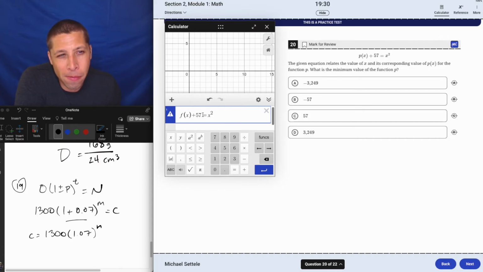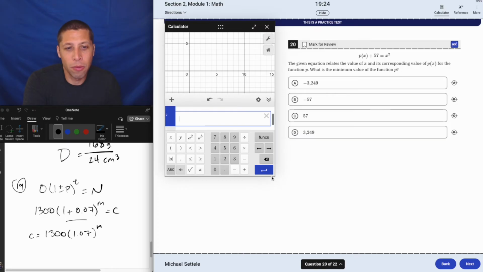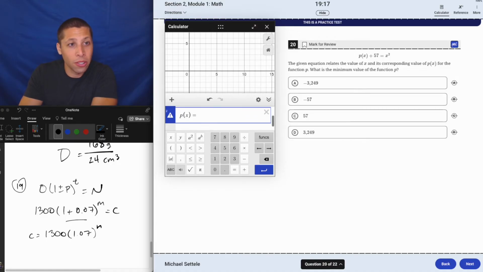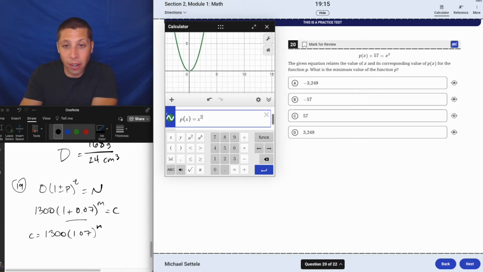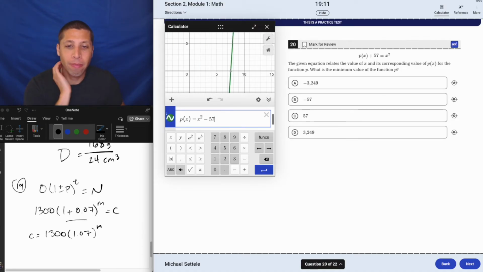But, interesting. So I know what I have to do. I just have to move this over. So let's just do P of x equals x squared minus 57. Right, so I just moved the 57 over.